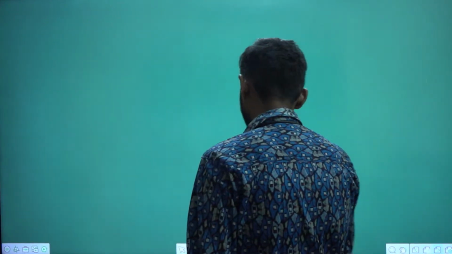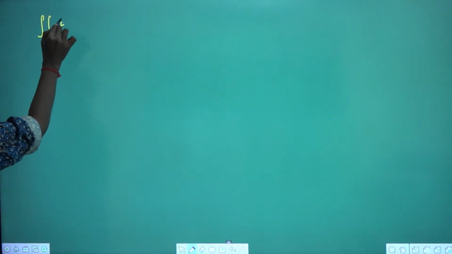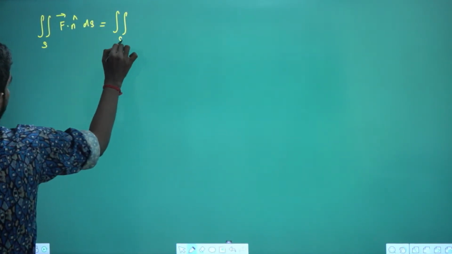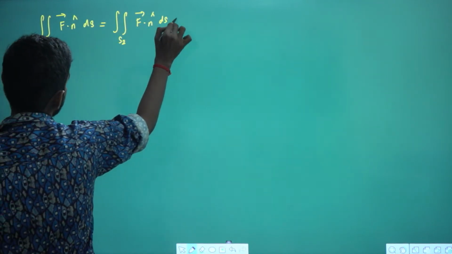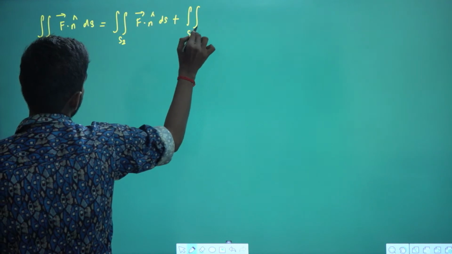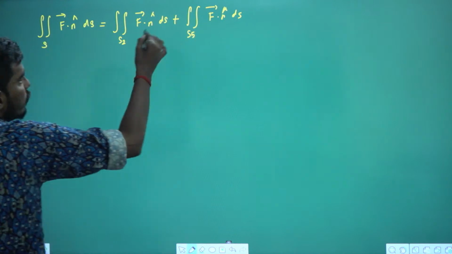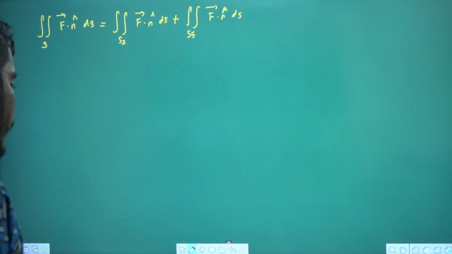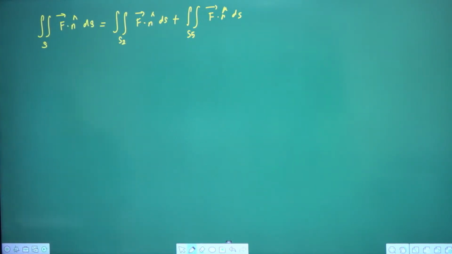Therefore, the double integral over S of f vector dot n cap ds is the same as the top surface f vector dot n cap ds plus the curved surface S5 f vector dot n cap ds. We will find these two and add them up, and you will get 180 because we know that the volume integral is 180. Is it clear? Very easy, right? Okay, now let me try to find S2.